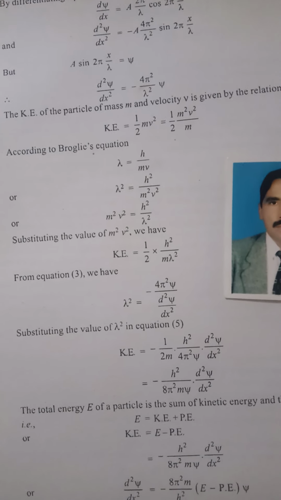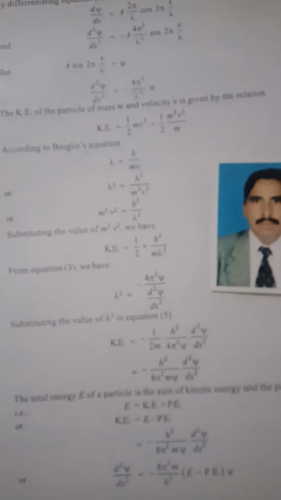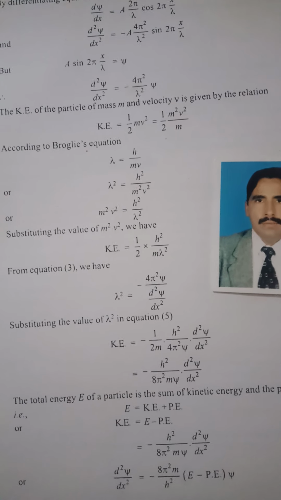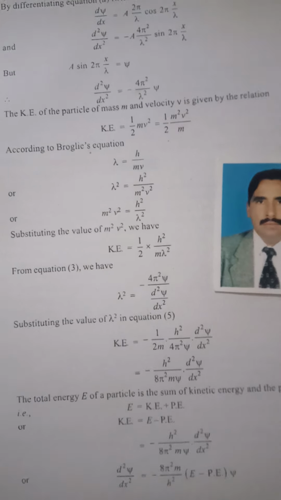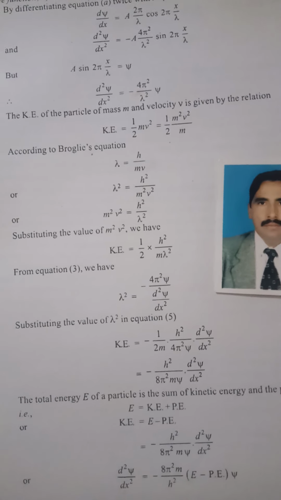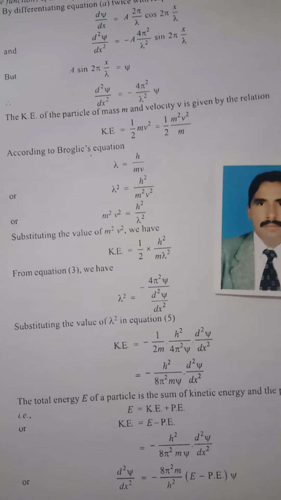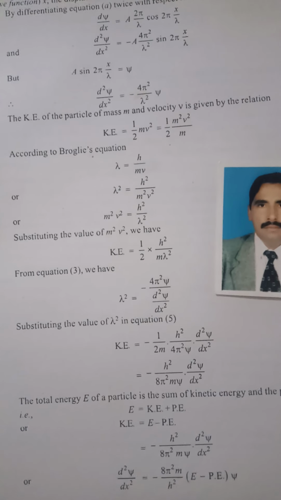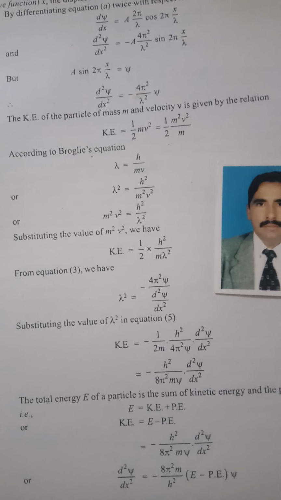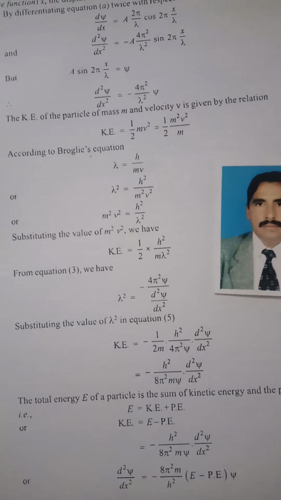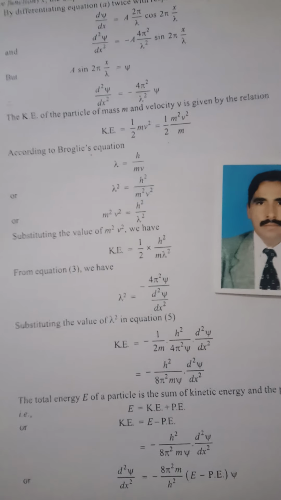Substituting the value of lambda square, we get kinetic energy equal to one over 2m into h square over 4 pi square psi into d square psi over dx square. On rearranging and solving, we get minus h square over 8 pi square m psi multiplied by d square psi over dx square.